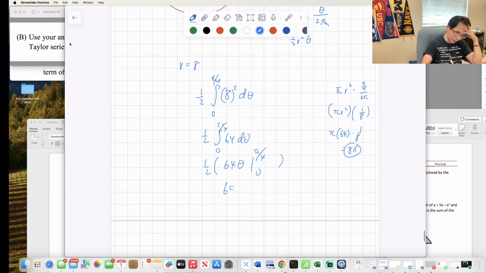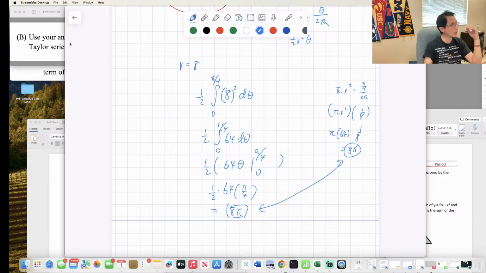And that's 64 times pi over 4 times 1/2. So it's equal to 8 pi. So this 8 pi in geometry is the exact same thing. Using calculus or using geometry, exactly the same thing. This is using basic geometry. This is using calculus if I integrate it.